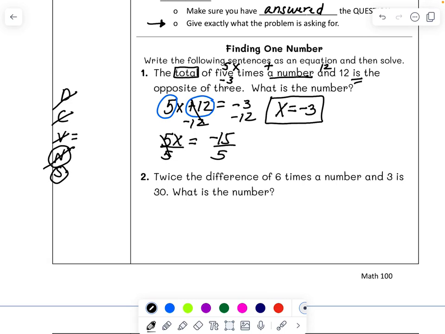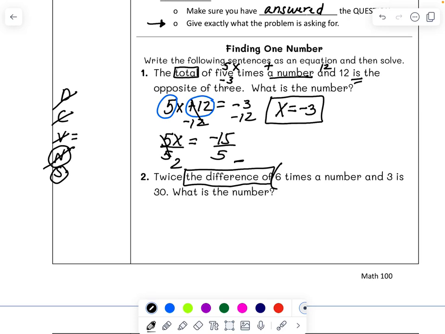Okay, let's do the second example. Twice the difference of 6 times a number and 3 is 30. The difference of is going to give us parentheses. Twice the difference of 6 times the number and 3. Difference is going to give us subtraction.